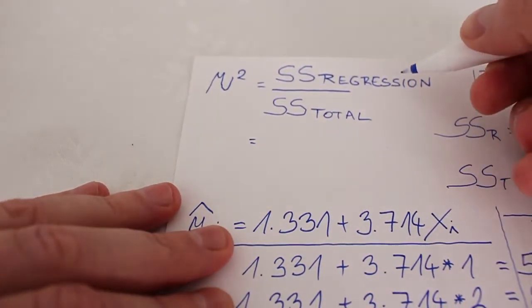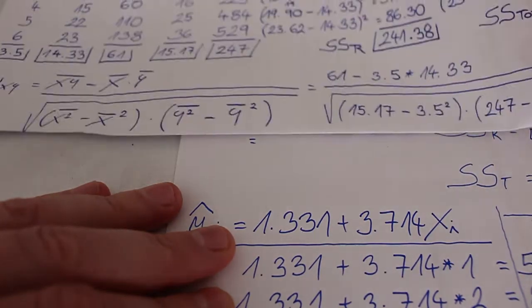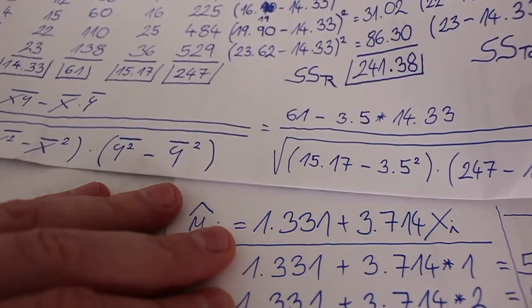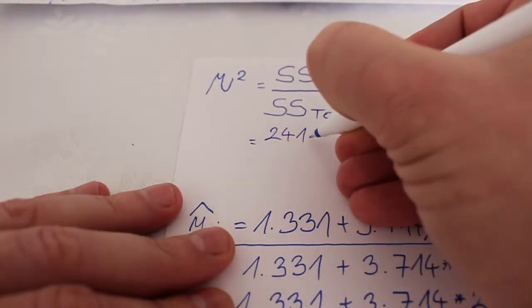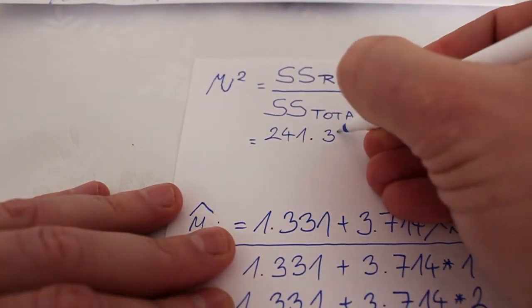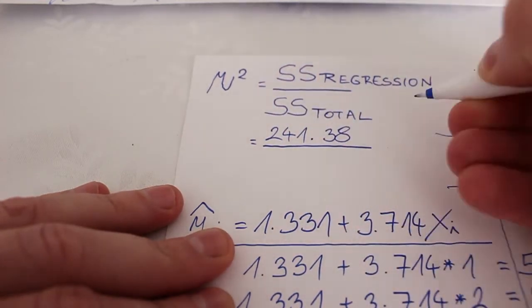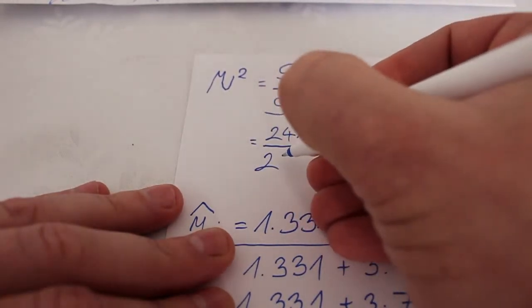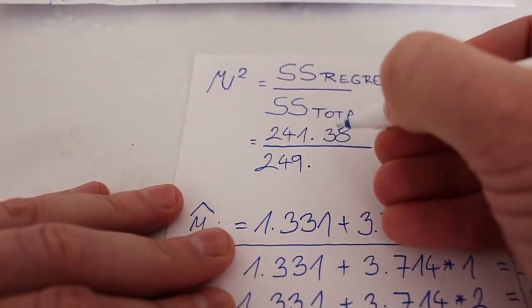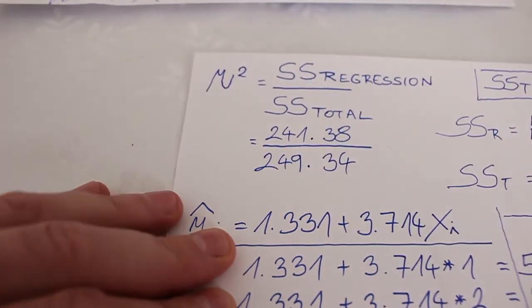So what we need is the regression sum of squares, 241.38, divided by the total sum of squares, 249.34.